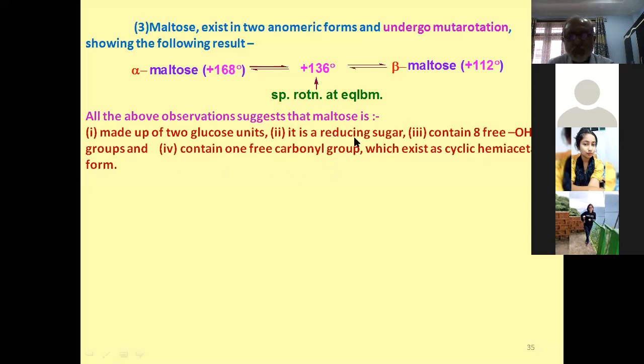Why cyclic hemiacetal form? Because it exists in the cyclic acetal form. That is where we have two types of maltose, two anomeric forms of glucose: alpha maltose and beta maltose.